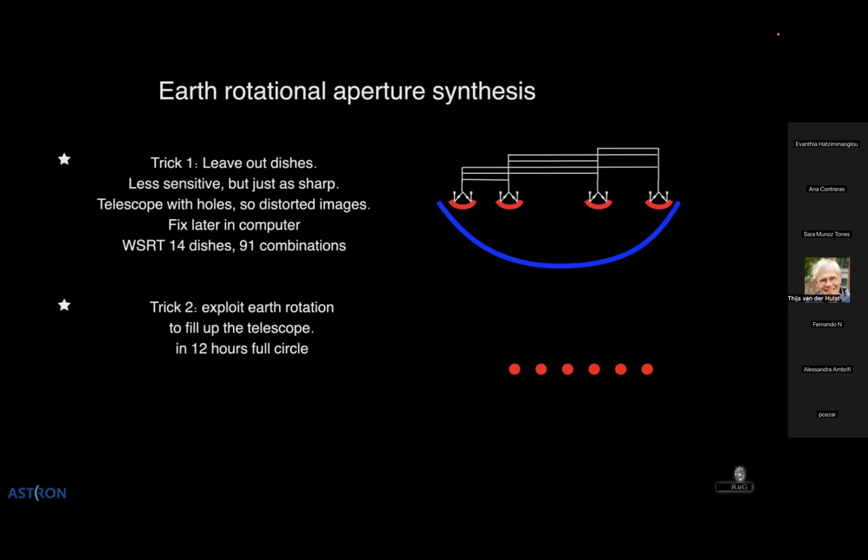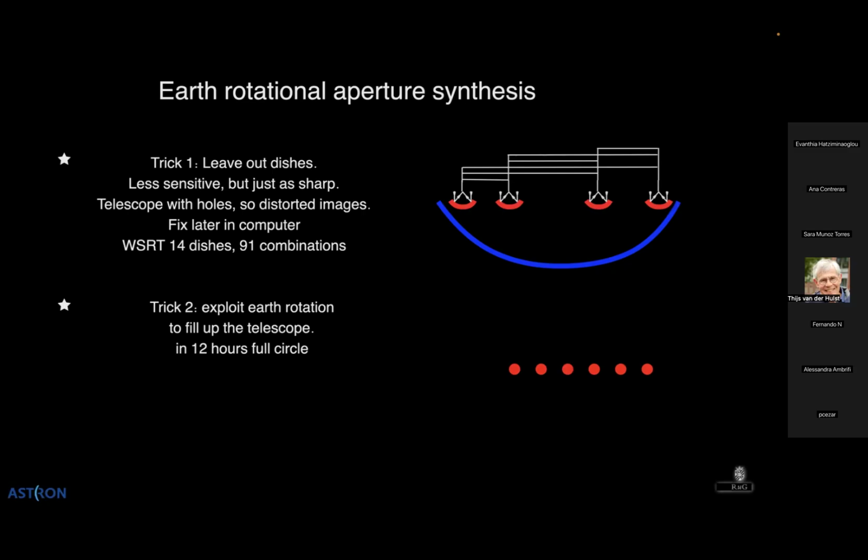We can only afford to build, like in Westerbork, 14 dishes, or MeerKAT 64 dishes; there's simply not more money to build more dishes. So we leave out dishes, but still we keep the 40 kilometers. So we lose, obviously, sensitivity because we lose collecting area, but we keep the same resolution. See, lambda over D is still high.